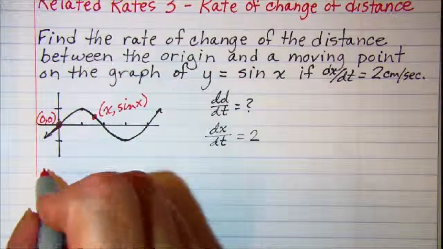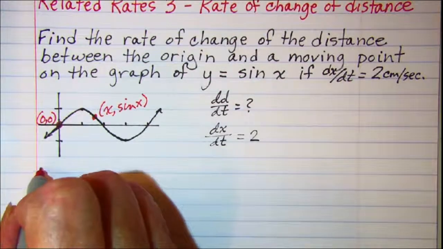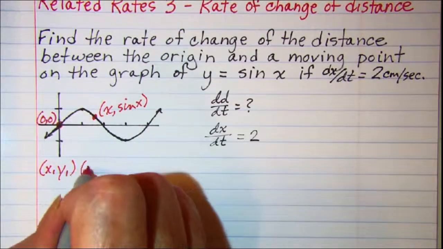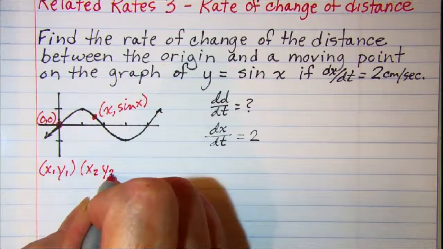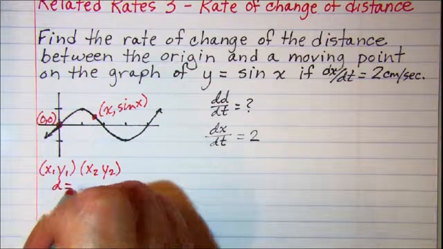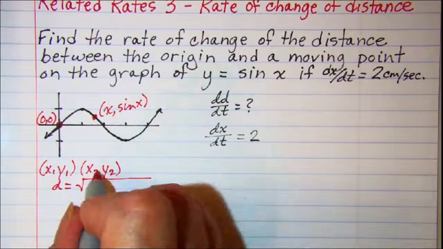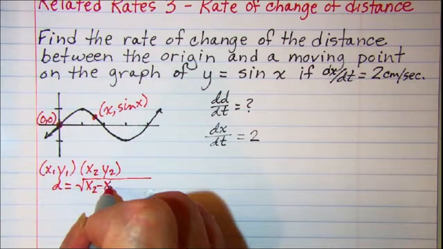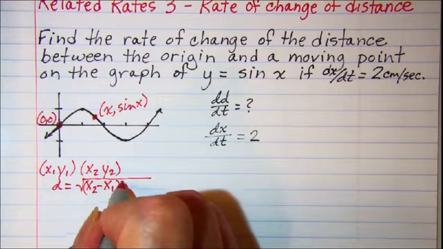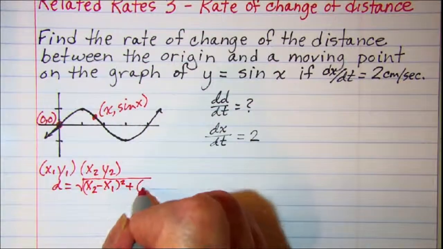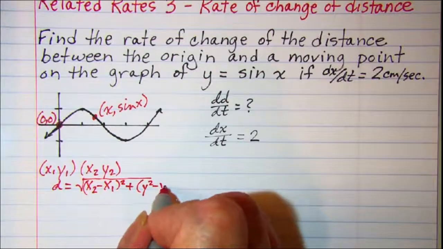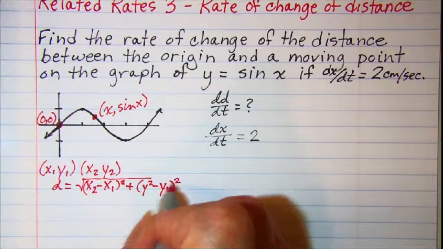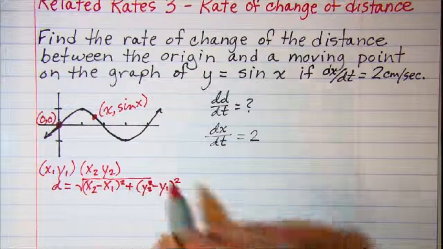So I need to use my distance formula. If I have 2 points, x1, y1, and x2, y2, the distance is the square root of quantity x2 minus x1, squared, plus quantity y2 minus y1, squared. That's a subscript, not an exponent.